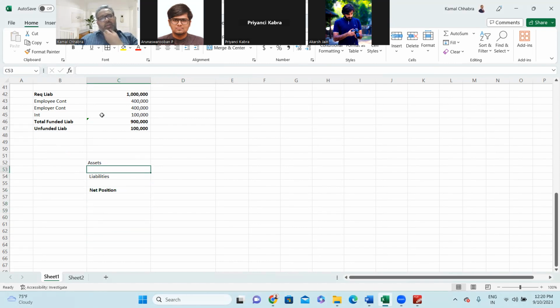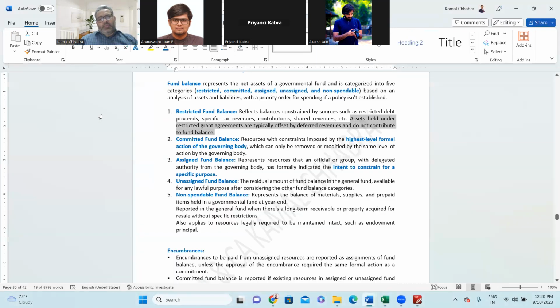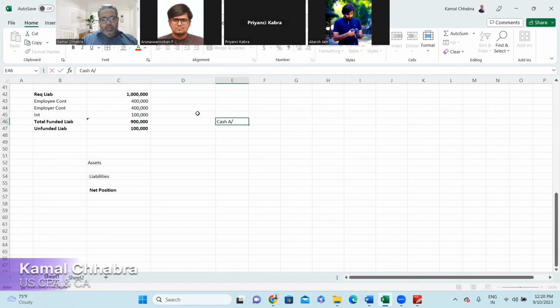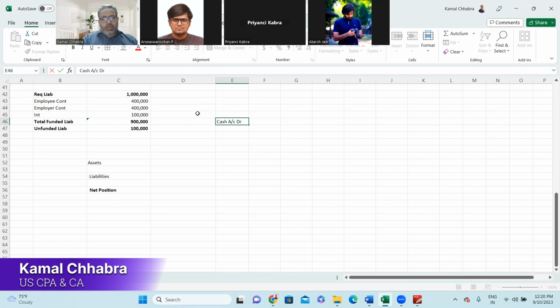So in the asset, what they are saying, restricted fund balance. That means you have received an amount, right? When you have received an amount, what will be the journal entry you might have made? Cash account debit, cash account debit to deferred revenue. Deferred revenue, yes.